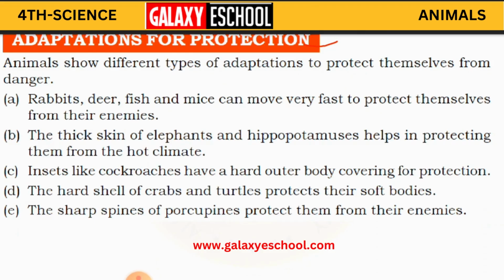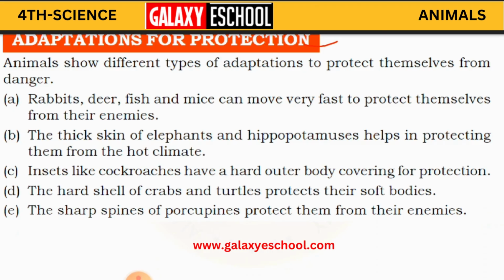For example, if we see any wild animal, or a snake, or any harmful insect near us, we will try to run away or hide from that place. Why? Because they are going to harm us, so we want to protect ourselves and save ourselves.